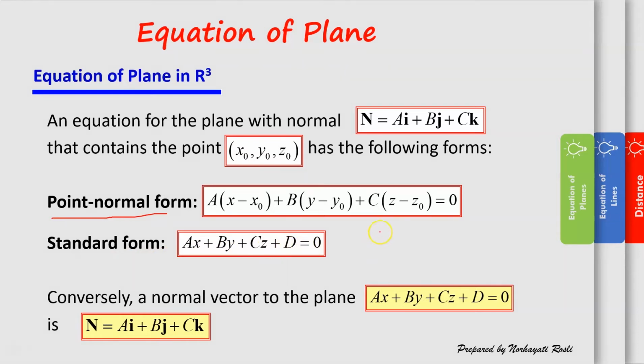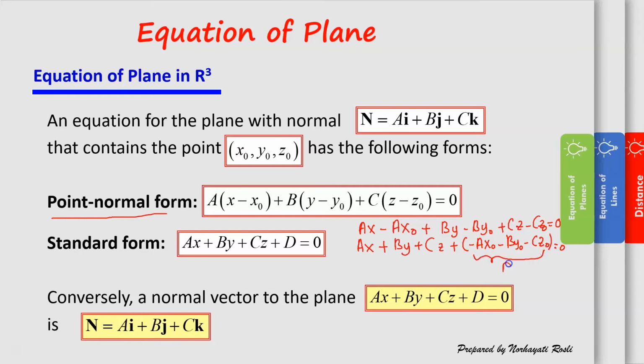In this case, we just expand our point normal form. If I expand this point normal form equation, I will have ax minus ax0 plus by minus by0 plus cz minus cz0 equal to 0. And then I can write ax plus by plus cz plus negative ax0 minus by0 minus cz0 equal to 0, and this part we can write as d.